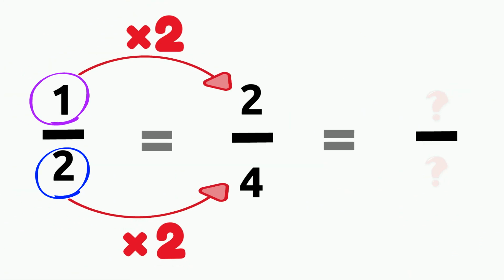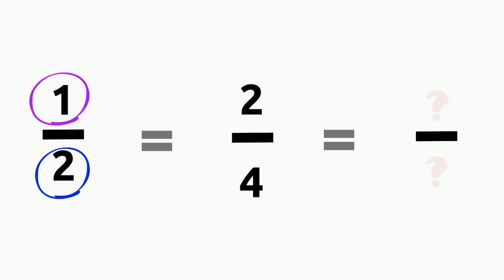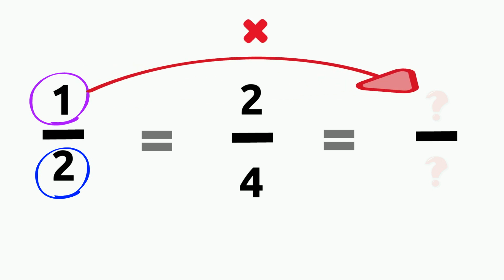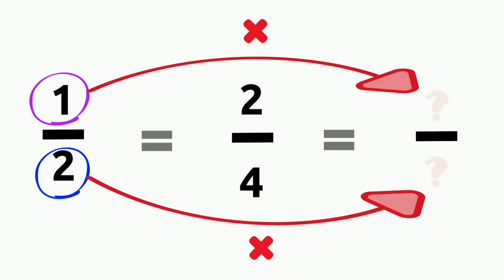After we have multiplied the numerator and denominator by the same number 2, we found the first equivalent fraction, which is 2/4. How do we find the second equivalent fraction? To find the second equivalent fraction, we shall multiply the numerator and multiply the denominator by 3.